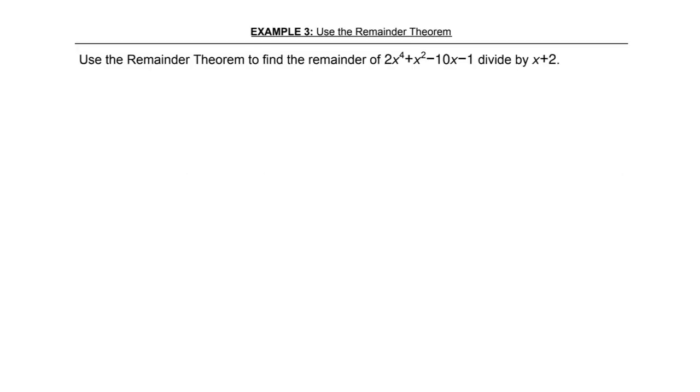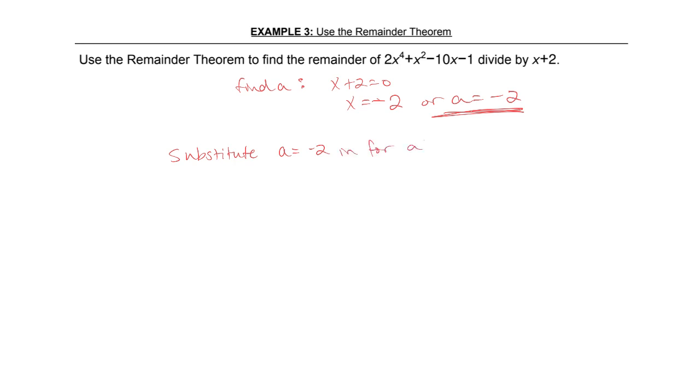All right, so let's go through an example of how to use the remainder theorem. First, find a. So x plus 2 equals 0, so x equals -2, or a equals -2. Then substitute a equals -2 in for all x's.